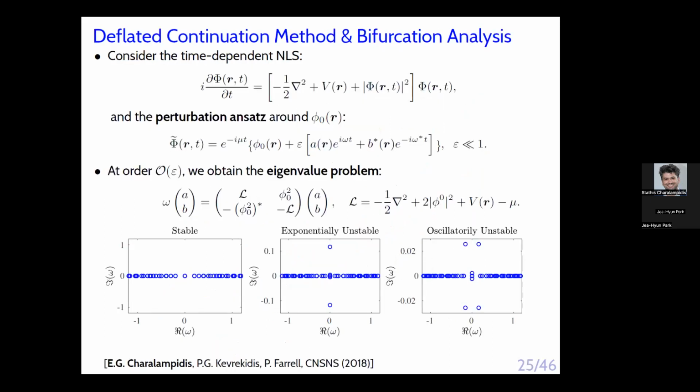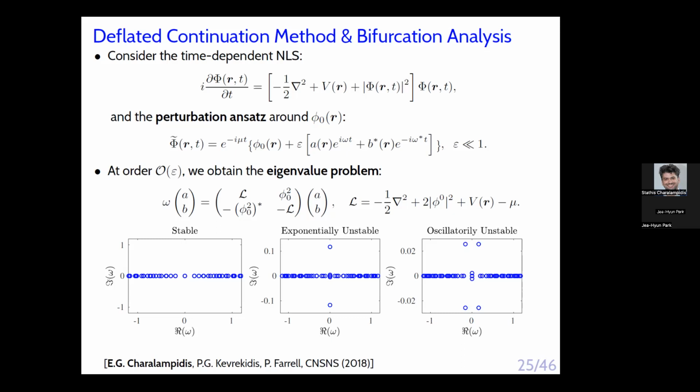Okay? So in order to analyze all those branches of solutions, you also want to study the stability of those solutions. When it comes to experiments, experimentalists would want to know whether such solutions are robust and can be found in an experiment. In order to do that, you linearize the NLS about a steady-state solution that we found by using these methods.